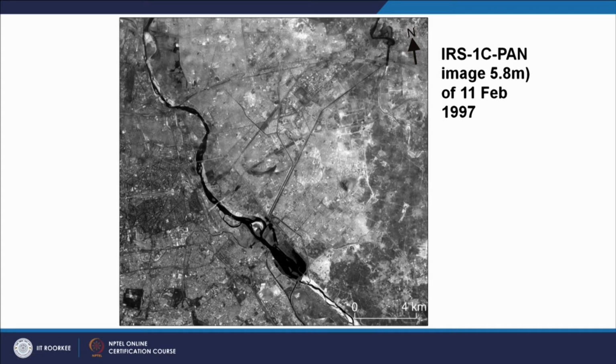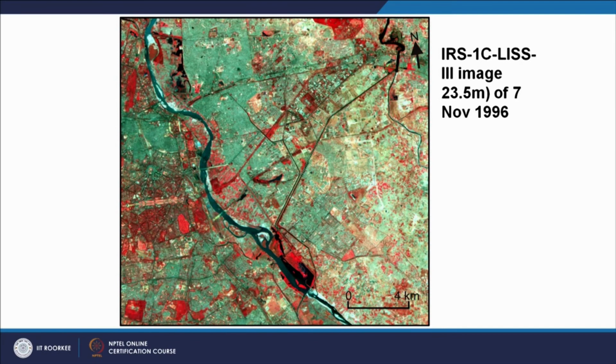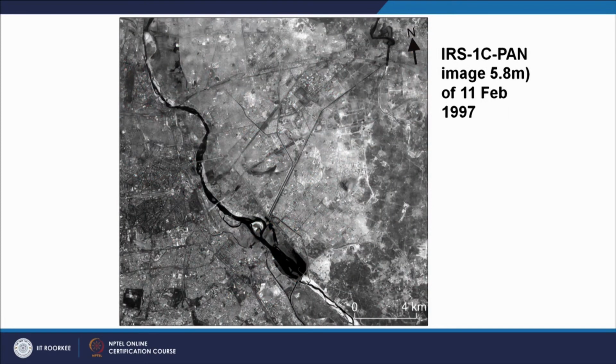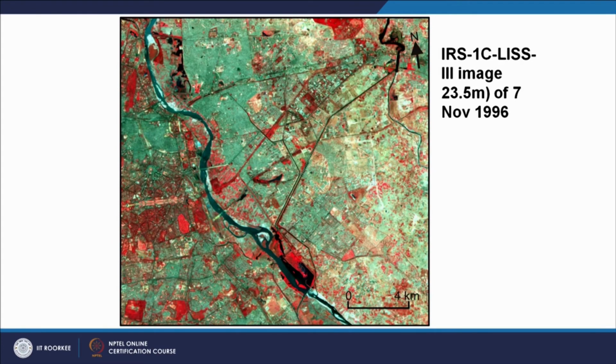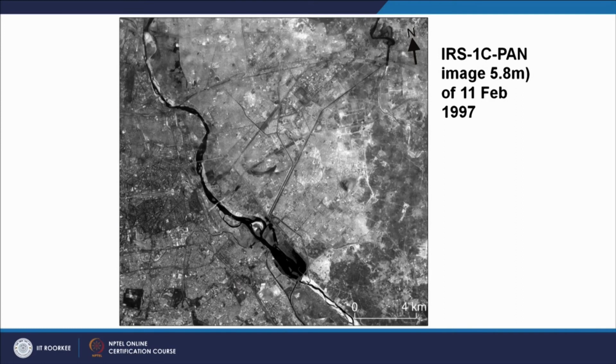You see a very sharp image, but it is in black and white, whereas you see a colored or false color image from the IRS LISS 3 image, which is 23.5 meter, but not as sharp as the PAN. LISS 3 has one quality, that it is in colors, whereas the PAN, though it is in black and white, is sharp and has higher spatial resolution.